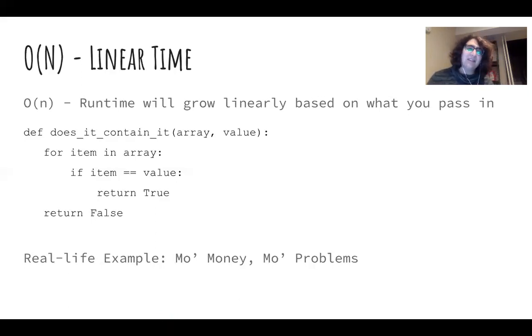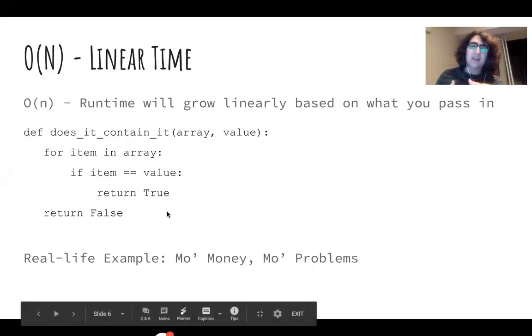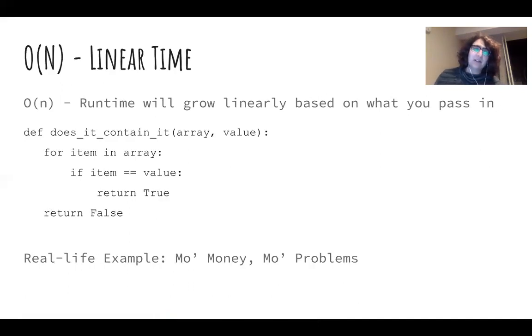If that's the case, then we have to go through the entire array in order to get an answer. Big O notation always measures the worst case scenario. So something with an O of n could run very quickly if you're lucky, but we want to check what happens if you're unlucky. That's the most important thing.